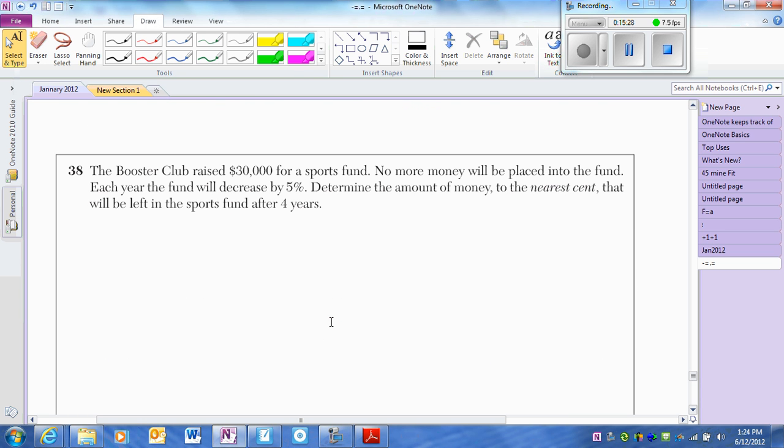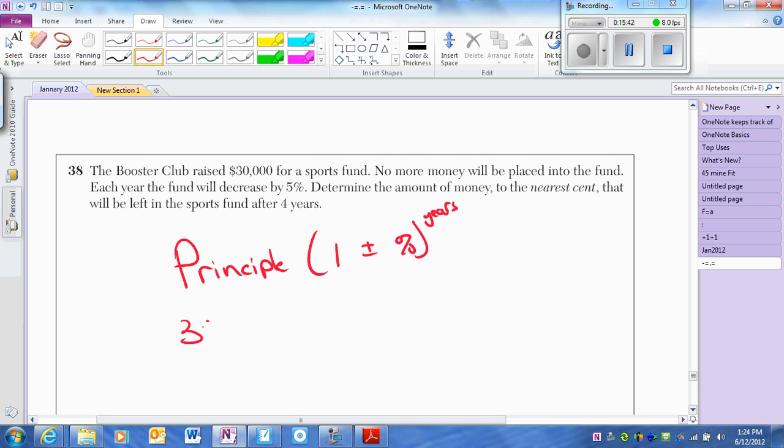All right, if you remember the formula for this one, it is principal, or the start amount, times 1 plus or minus the percent, raised to the number of years. The start amount is 30,000. The 1 is going to decrease by 5%, so we're going to subtract 5%, which is 0.05, not 0.5, that'd be 50%. And we're going to do it for 4 years.